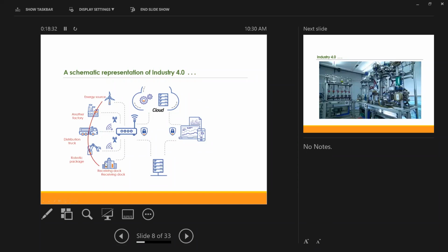So at the receiving, let's say, for example, in manufacturing red meat, the receiving facility is going to communicate to the processing equipment that the meat just arrived, get ready. So there is an interaction between the processing, the distribution, and the factory. Not only equipment, even the factories, the cities, the buildings communicate with each other. They will control each other.